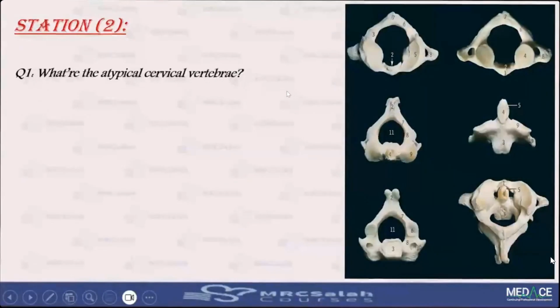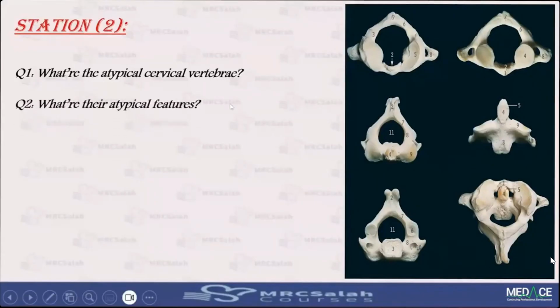Okay, so this is one of the easy stations, straightforward, which doesn't come commonly, but we have to go through it because there is no guarantee what will happen in the future. So, would you tell me what are the typical cervical vertebrae, please? Yes, C7 and C2, the axis, and C1, the atlas.